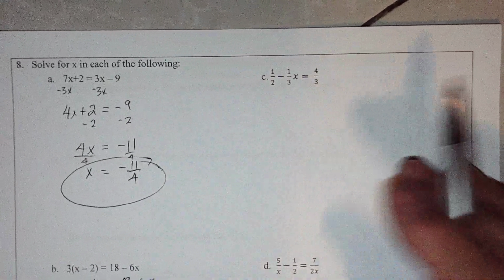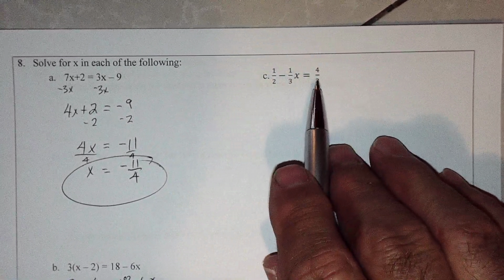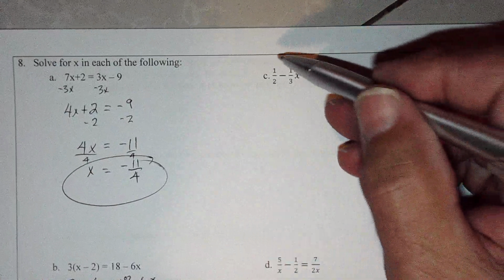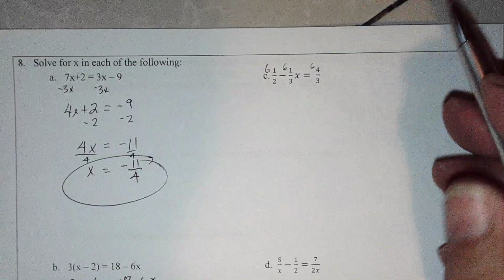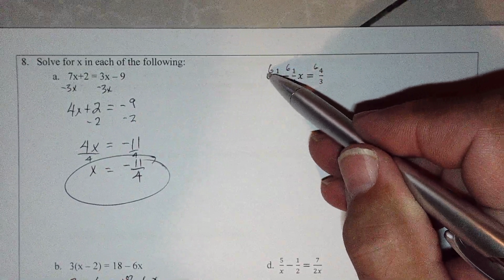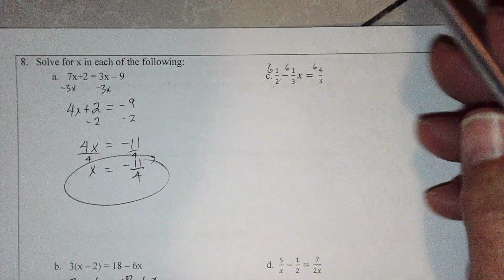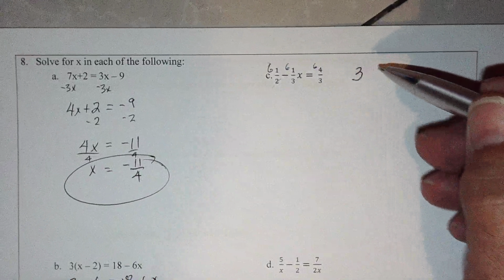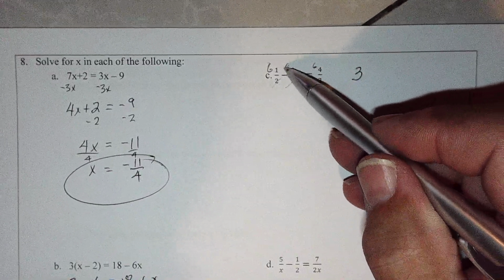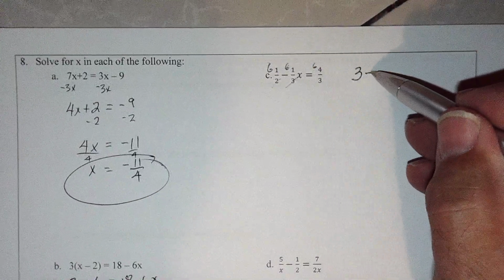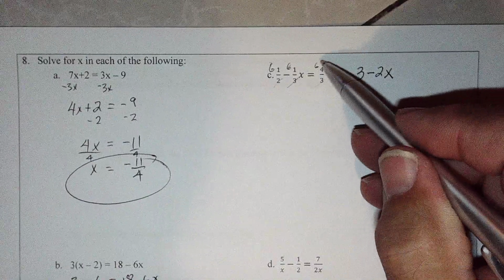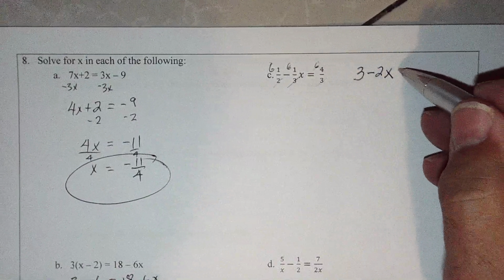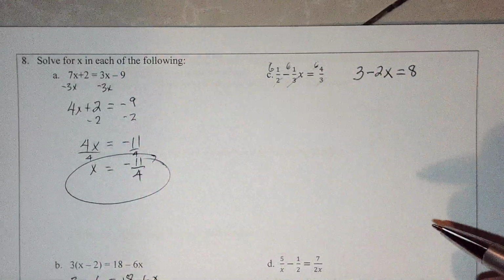C. I see a common denominator of 6, so I'm going to multiply each part of this by 6. 2 goes into 6 3 times, so I got 3 times 1, which is 3. 3 goes into 6 2 times, so I get minus 2x. And 3 goes into 6 2 times 4 is 8.